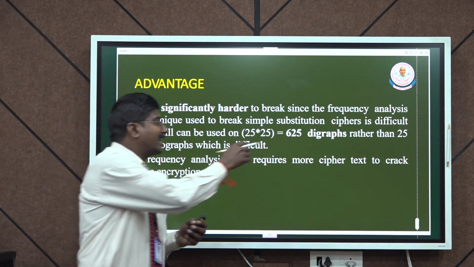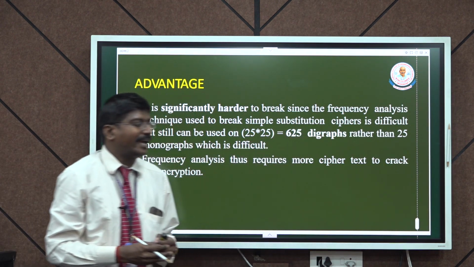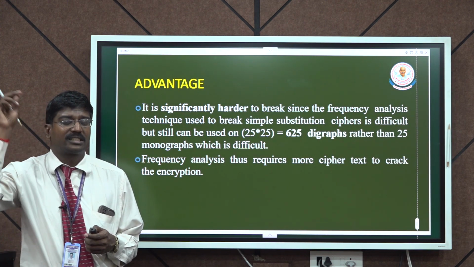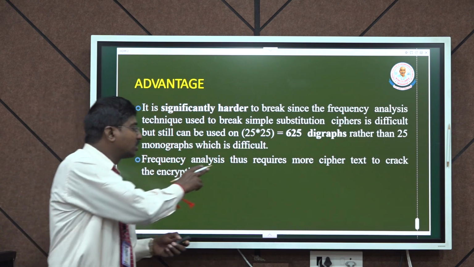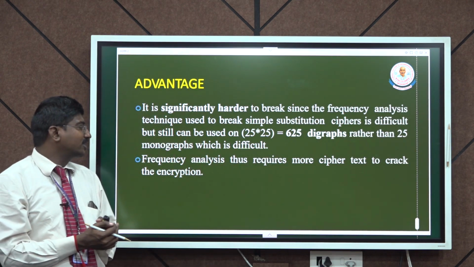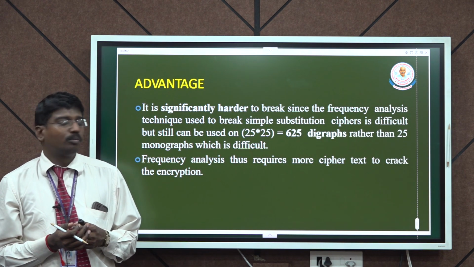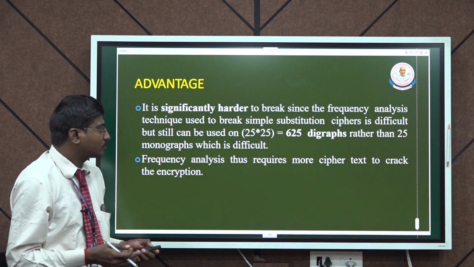Because it is a digraph cipher, it contains 625 pairs. And second, frequency analysis of this ciphertext is hard, which makes the encryption hard to break.